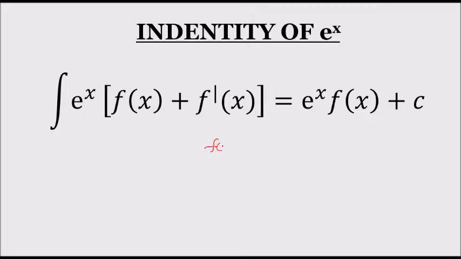Say f of x is equal to sin x. The differentiation of f of x, called f prime x, is cos x. So in a function of e power x form, if both f of x and f prime x are simultaneously appearing with plus sign, usually, then its output is e power x f of x. Let me explain by taking an example.